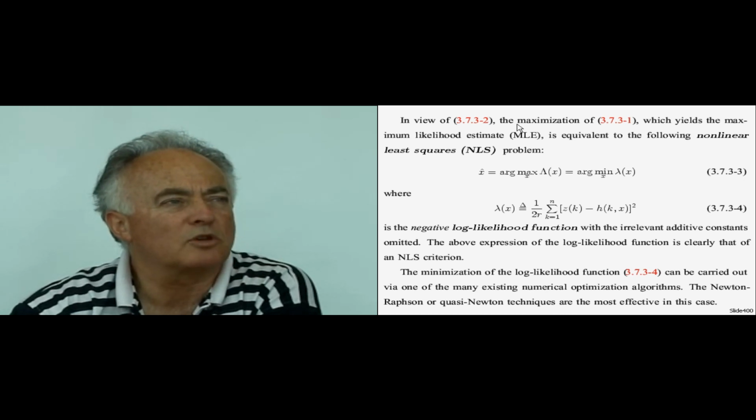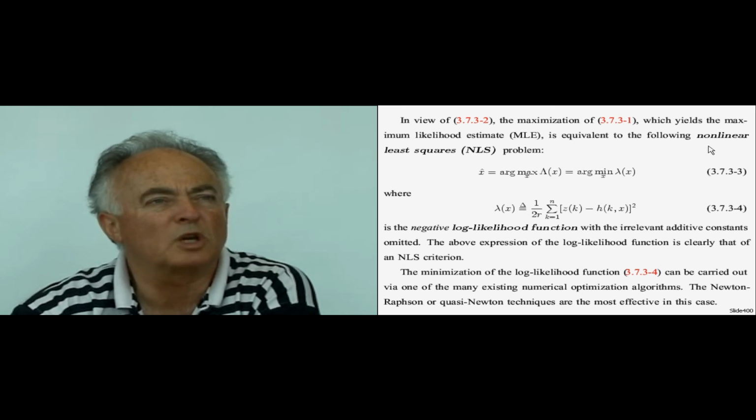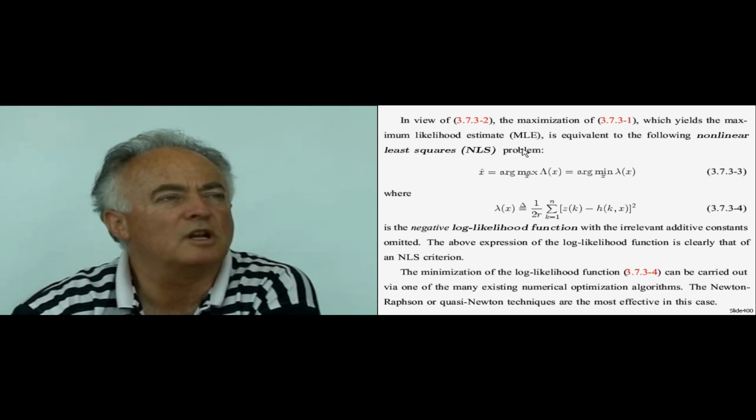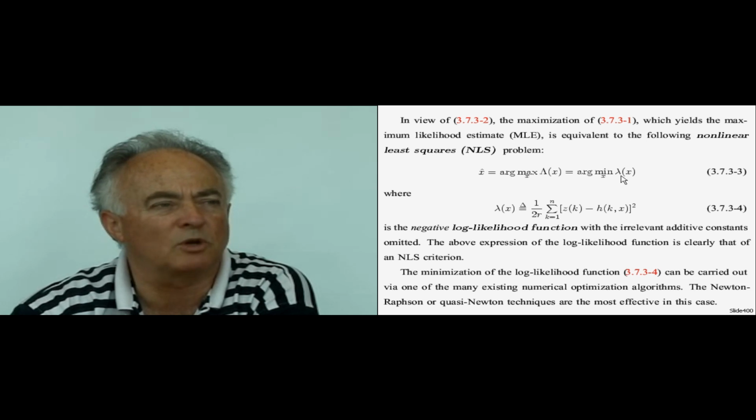The maximization of the likelihood function is equivalent to minimizing the negative log likelihood function, which becomes a nonlinear least squares problem. X hat is the argument that maximizes with respect to x the capital lambda of x, or the argument that minimizes with respect to x the lowercase lambda of x, where lambda of x is just the exponent with the opposite sign.